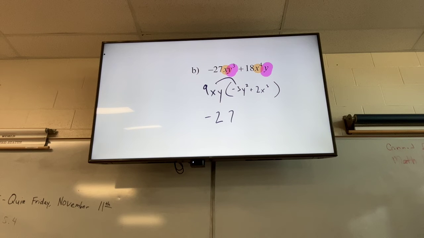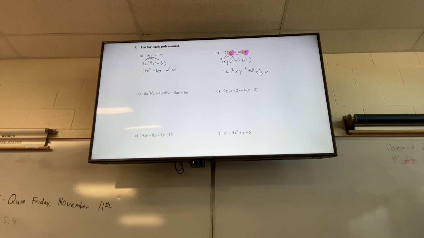Negative 27xy cubed plus 18x to the fourth y. Hopefully you're realizing that factoring is just reverse multiplying. If you're understanding that, then you're starting to really grasp the concept.